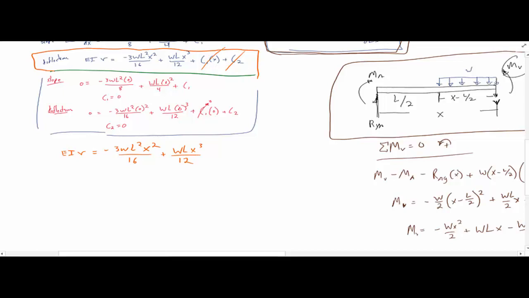And then we can determine what the value is, right? What is our deflection at L over 2? So we can just plug L over 2 in for x and solve for our deflection.